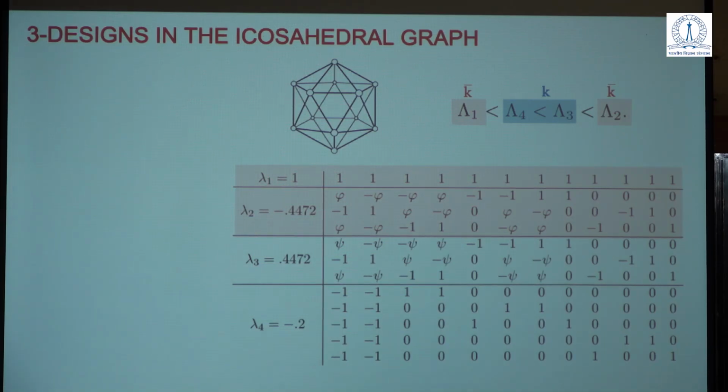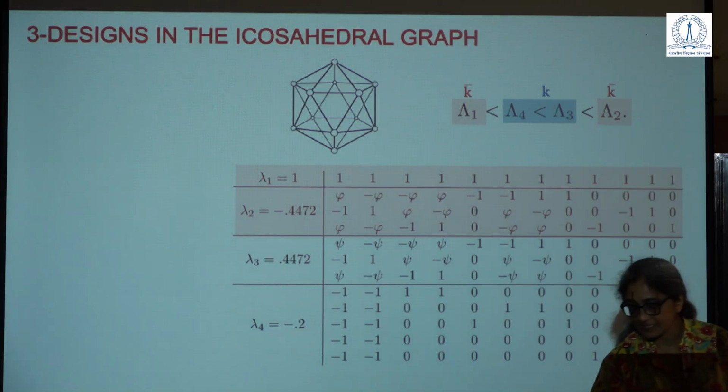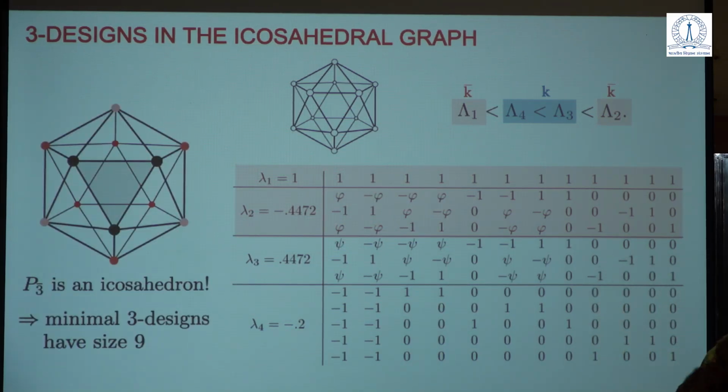And this is kind of a miraculous example because if you convexify these 12 columns, you get the icosahedron back. Okay, we started with the icosahedral graph, but the convexification of the pink part is an icosahedron. Okay, there's a reason for this. So Godsil and others studied this for a while.